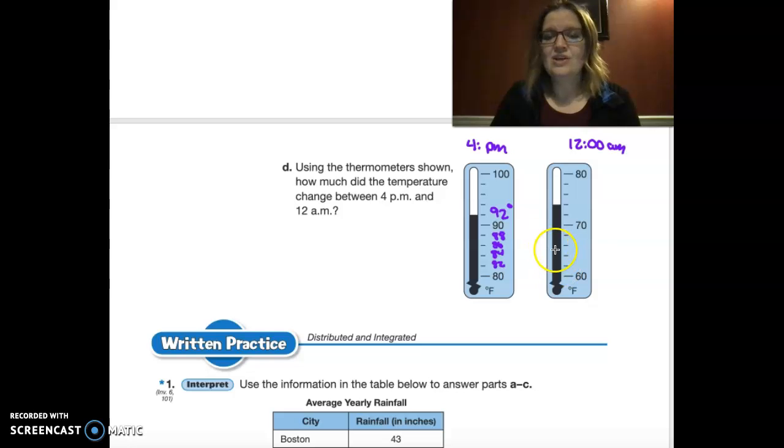Now, let's look at what it is now. We're at 80 and it's 70, so we need to find out the temperature right here. It goes up by 2, 72, 74. So 74 degrees. So it was 92, 74.